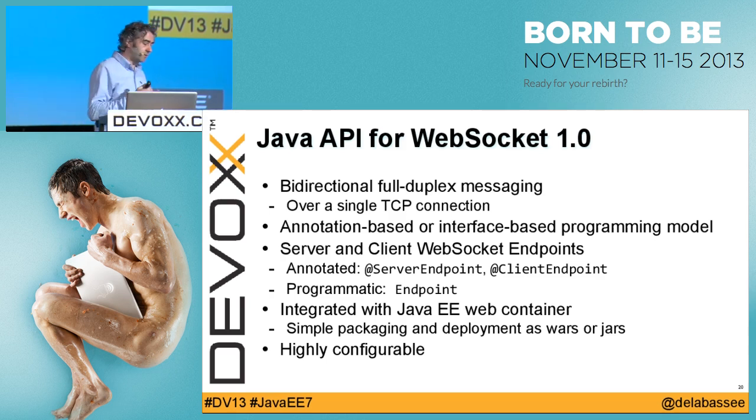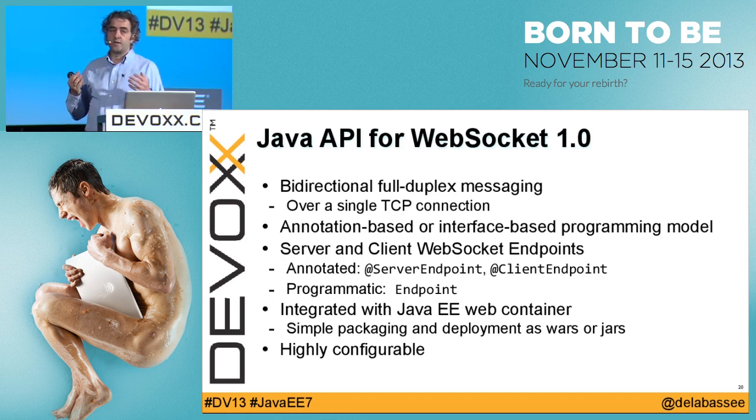Whenever a client wants to make a WebSocket connection, it issues an HTTP request using the HTTP 1.1 upgrade mechanism. The server sends back an HTTP acknowledgement saying, okay, I will upgrade this HTTP connection to a TCP-based WebSocket connection. WebSocket is a standard defined by the IETF, and it's also part of HTML5.